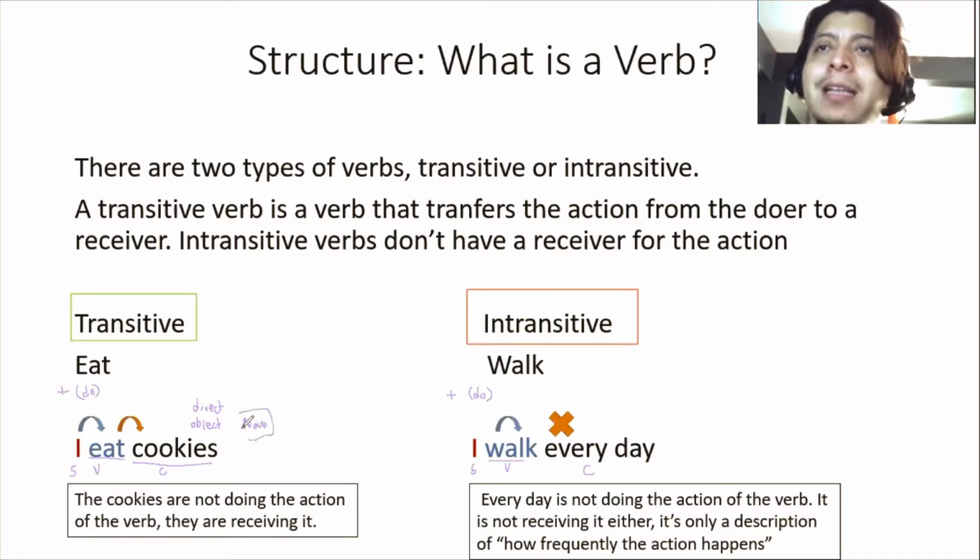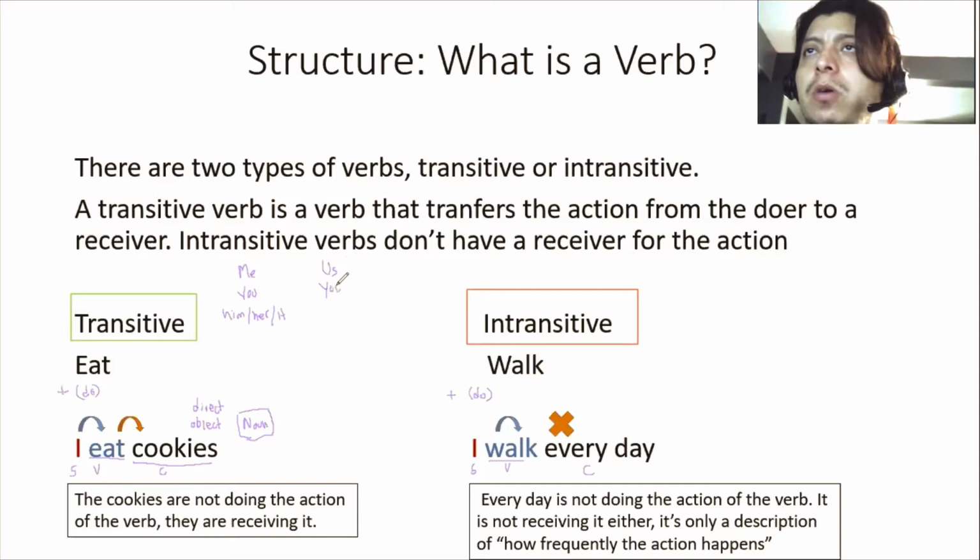Yeah? A cat can be the object, a person can be the object, and we have object pronouns. I don't know if you remember them. The object pronouns were me, you, him, her, it, us, you, and them.